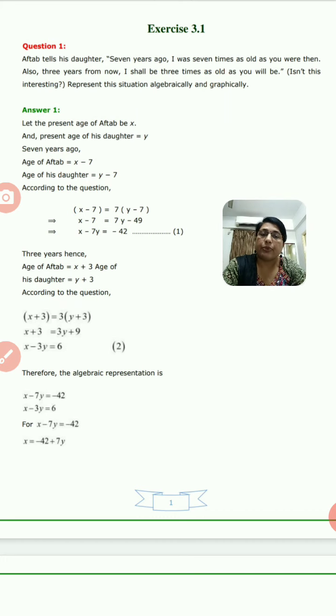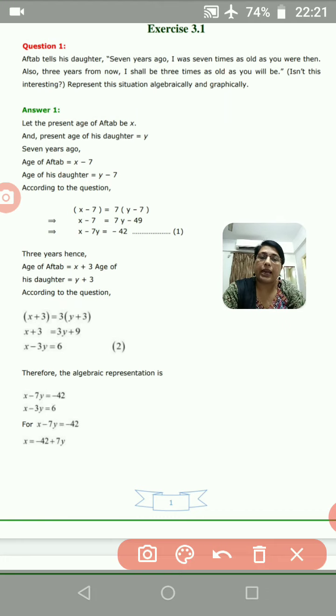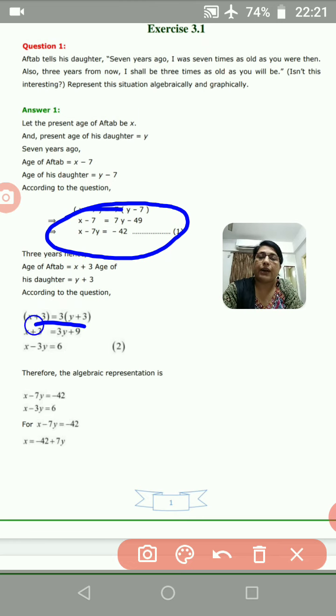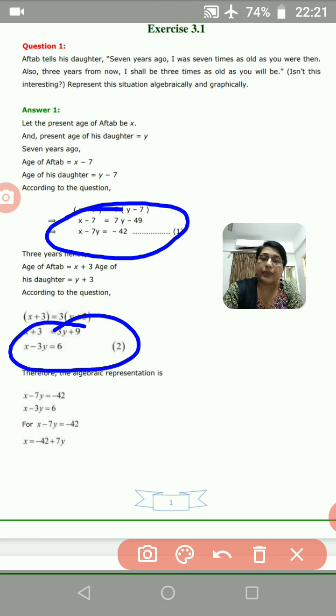From question number 1, if I form equations, I get these two equations: x minus 7y is equal to minus 42 and x minus 3y is equal to 6. To represent these equations graphically, I need to draw a table.